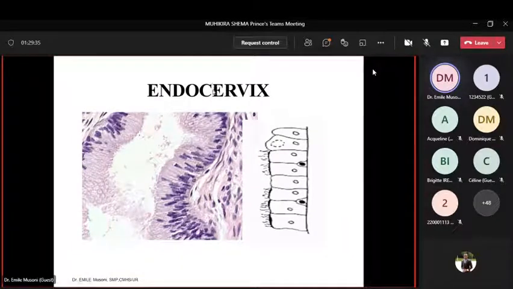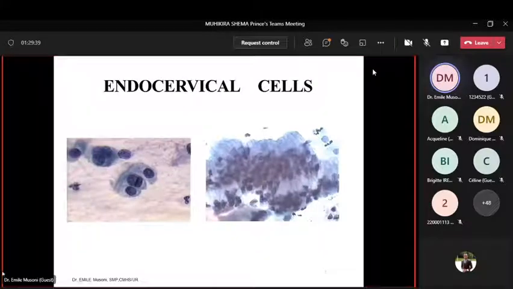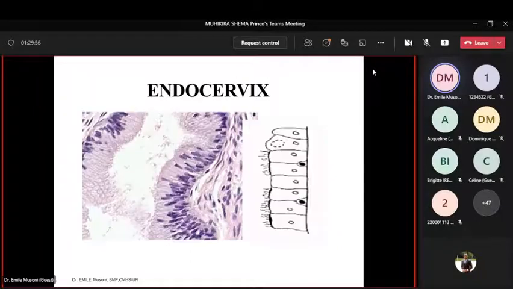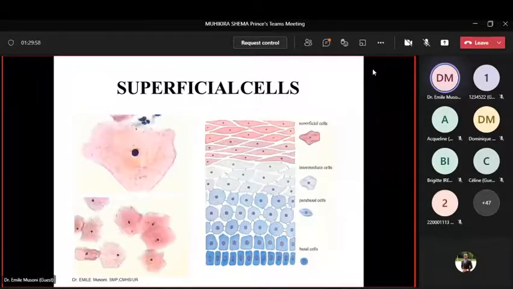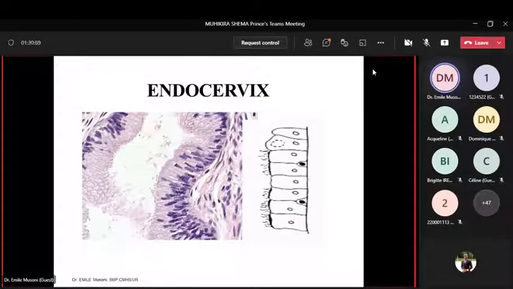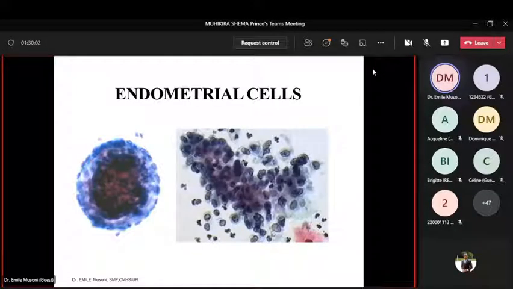This one is endocervix. You see the columnar cells. But on the cytology, it is like this one. You see the brush here. These are columnar cells. So once you have those columnar cells, parabasal cells, and intermediate cells, it means you have a satisfactory sample.